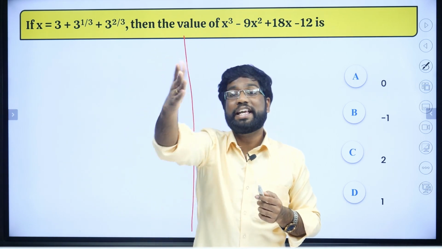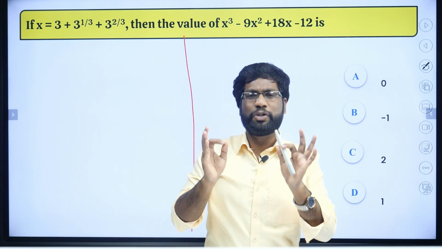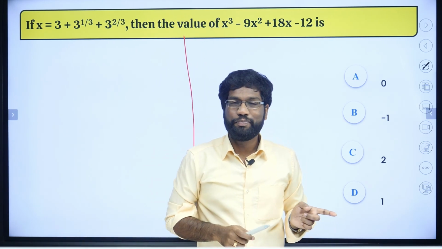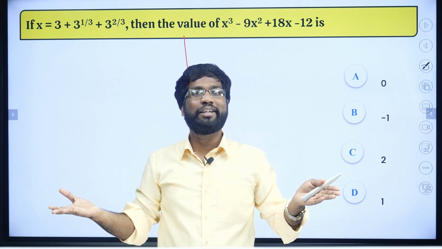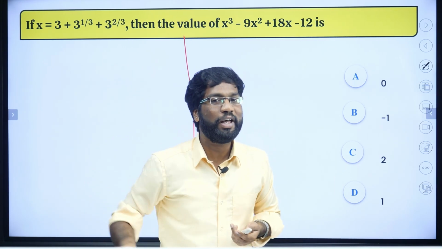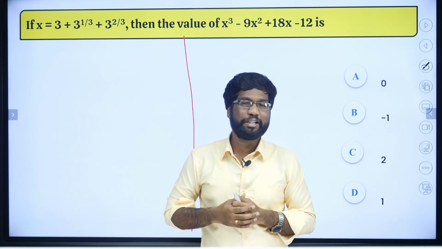So you might know, okay, sir is going to use the cubic identity. But in the exam, you don't have that option. Everything you are going to see is blank. So you have to recollect which algebraic identity formula to use and how to use it. By practice you can get it, my dear students.